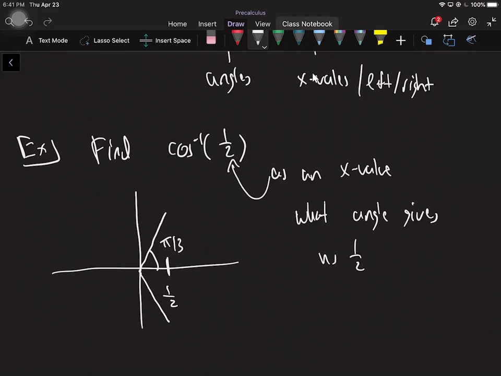Well, this time we're going to pick this one. So the answer is going to be pi over 3. And what's going to happen is that for any other x value that you decide, so maybe if you pick this x value here, you're always going to get two possible angles that give you that x value, and we're just always going to pick the top one.